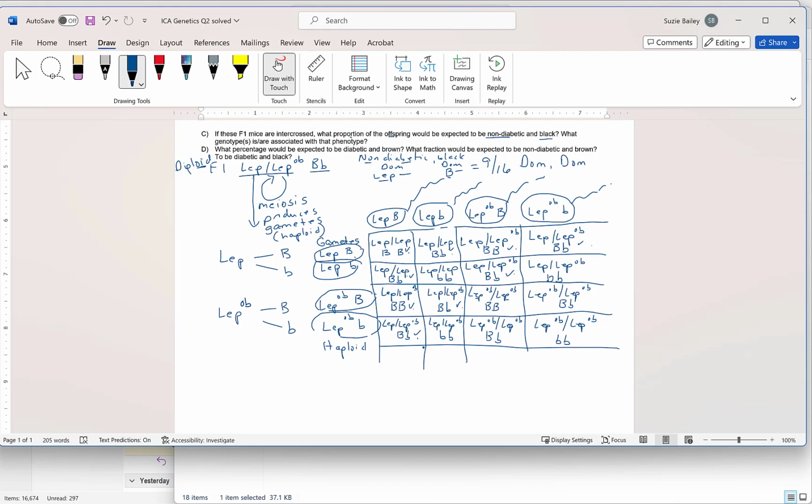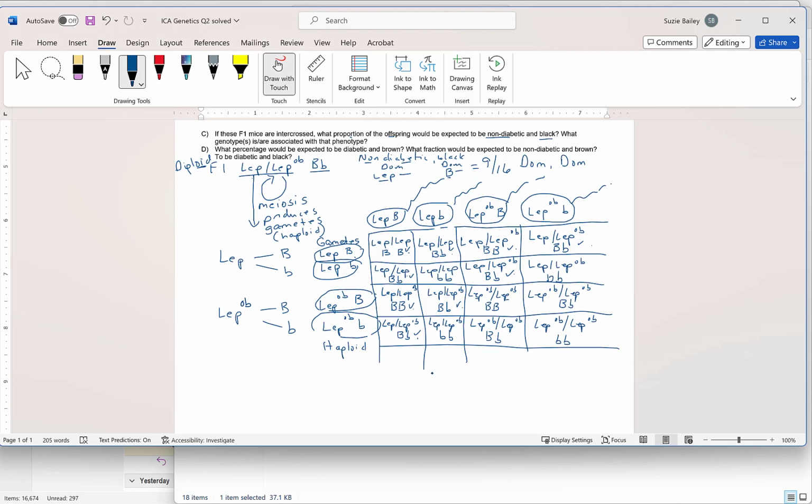And if this is starting to sound familiar to you, it's because we talked about this in the lecture video for doing genetics problems that are dihybrid crosses, where we're looking at inheritance at 2 genes and both parents are heterozygous at both genes.